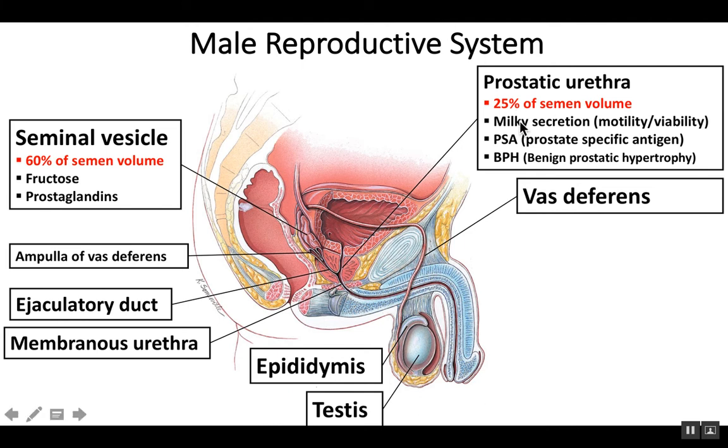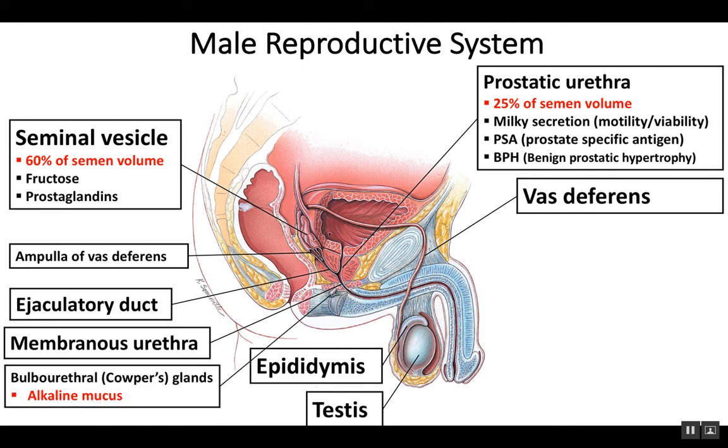Membranous urethra is then the region of the urethra that extends out of the prostate. This is where it'll pick up some secretions from the bulbourethral glands, or Cowper's glands, which basically just produces a mucus.